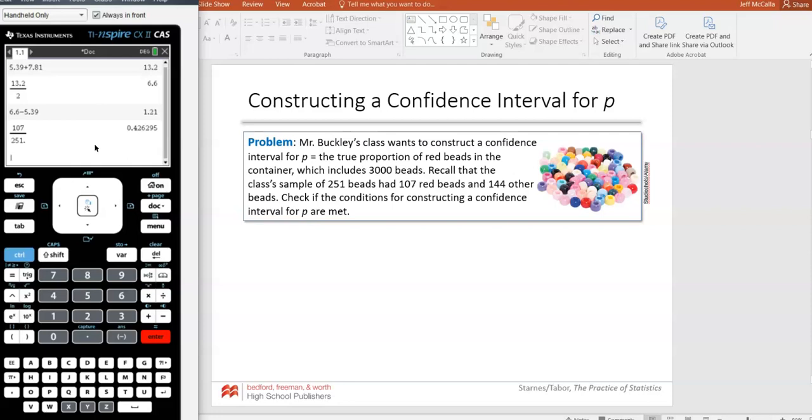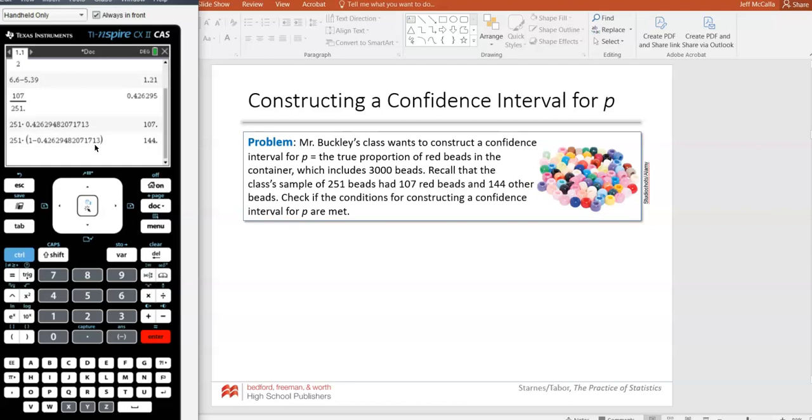So we do NP, we sampled 251, so 251 times P hat. And then 251 times, parentheses, 1 minus that, or the Q essentially. Those are both definitely at least 10. So NP is at least 10 and NQ is at least 10.